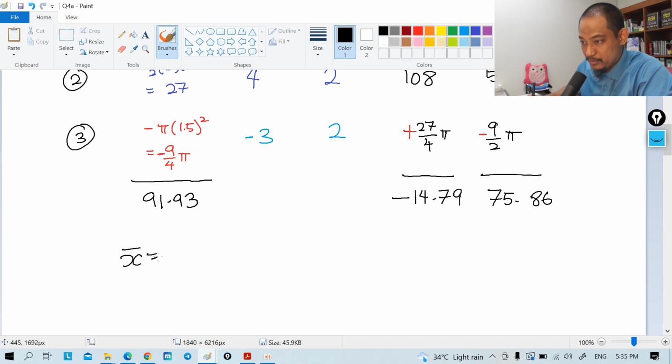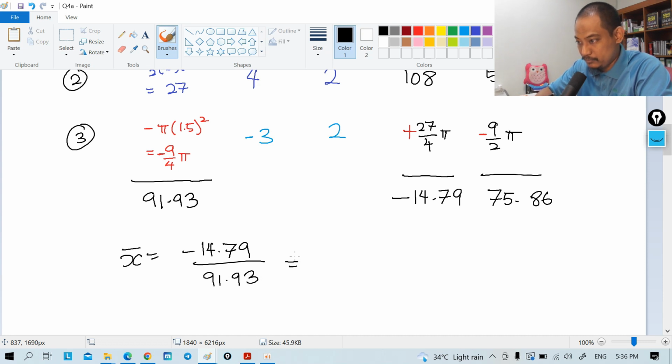So x bar equal to minus 14.79 divided by 91.93, which is negative 0.1609.